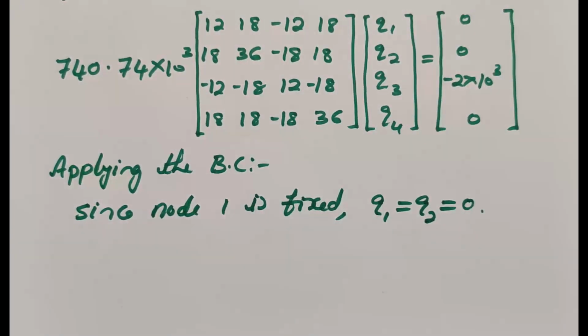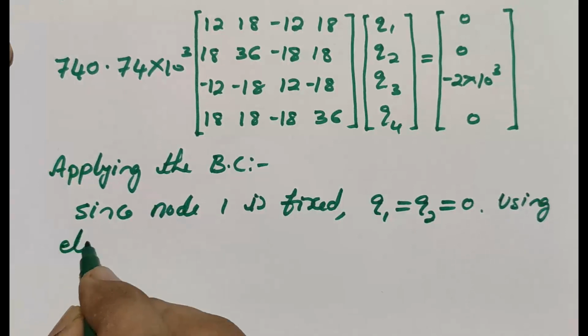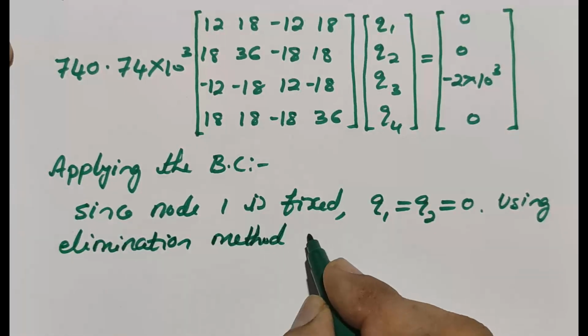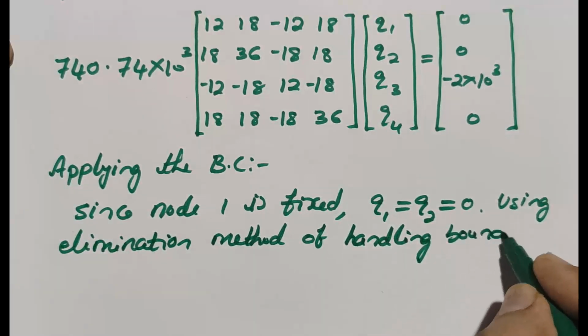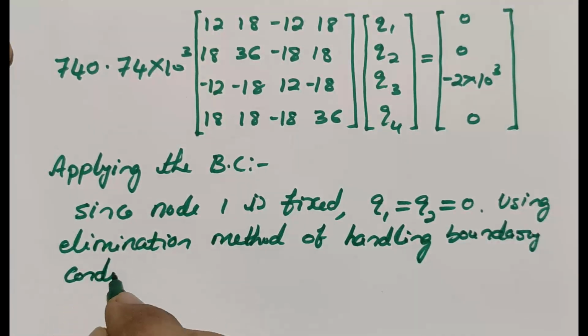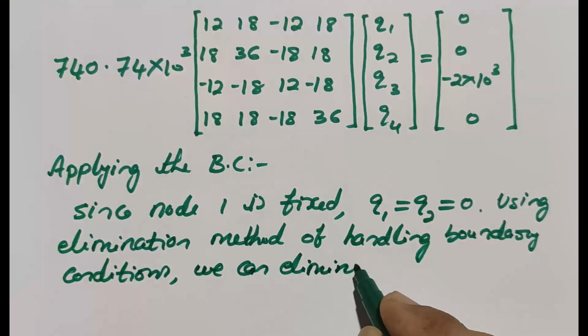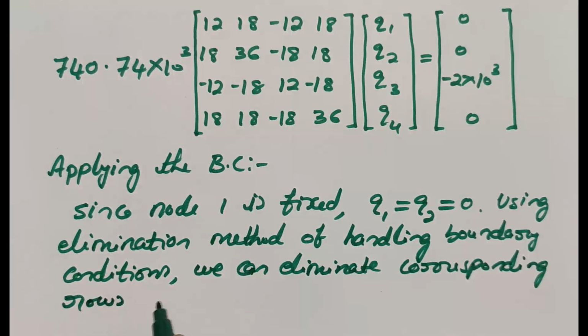So using elimination method of handling boundary conditions, we can eliminate corresponding rows and columns.